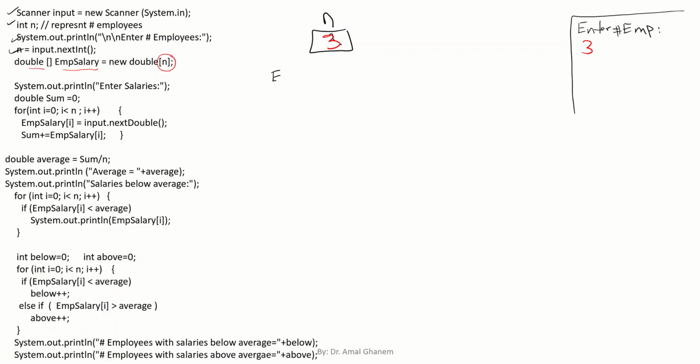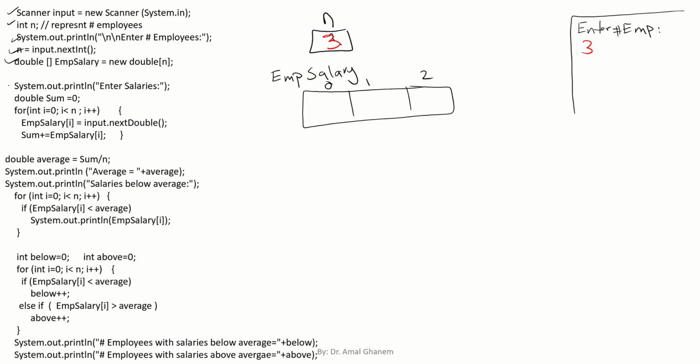The name of the array is employeeSalary, and we have the size as 3 elements because n is 3. So it means the index will go 0, 1, and 2. As we mentioned, the array always starts with index 0 and the last index is 2. And we will continue with the statement. So we are done with the creation of the array.